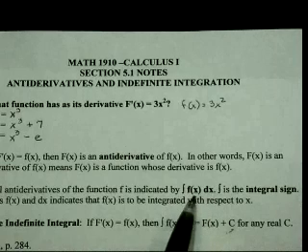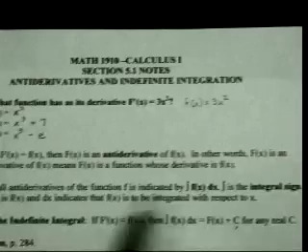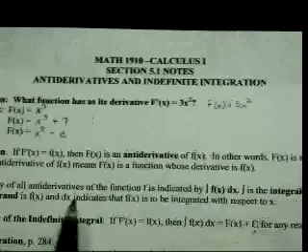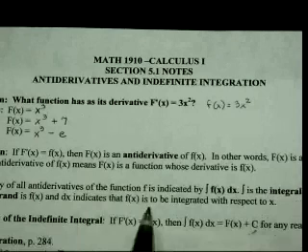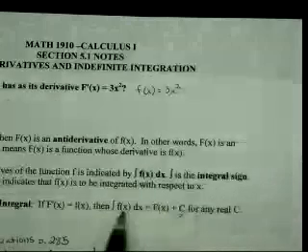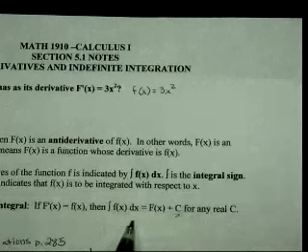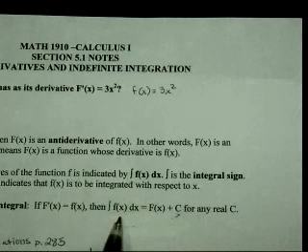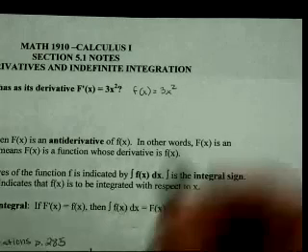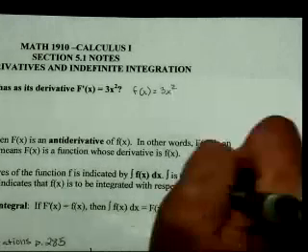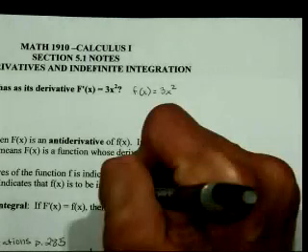F of x is called the integrand, and dx indicates the variable of integration. It's what you're integrating with respect to. That notation, that integral sign, f of x dx, is called the indefinite integral of little f of x, where that's the integral sign.